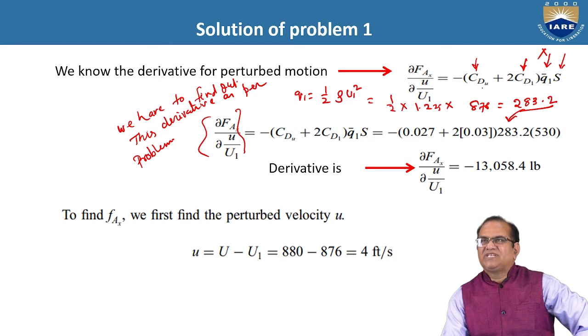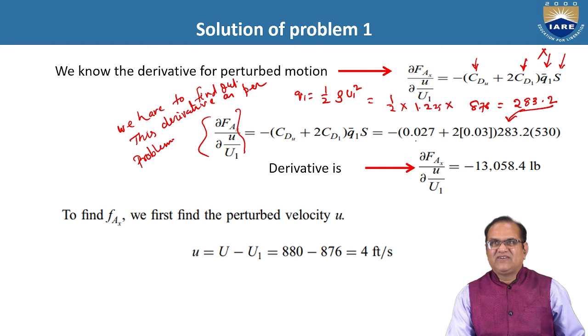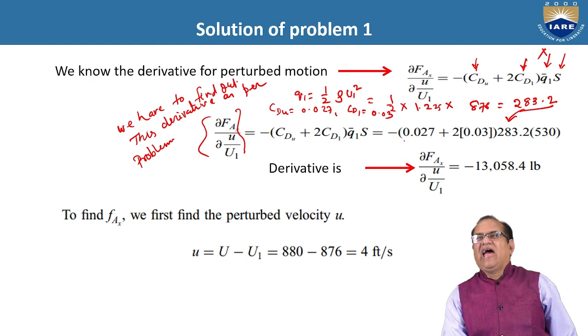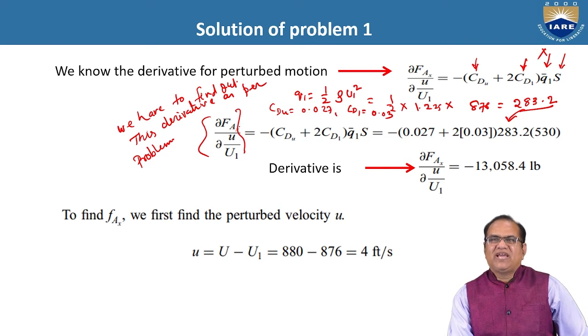So we see that CDu is given as 0.027 and CD1 is given as 0.03. These values are given here, so we can find out directly.